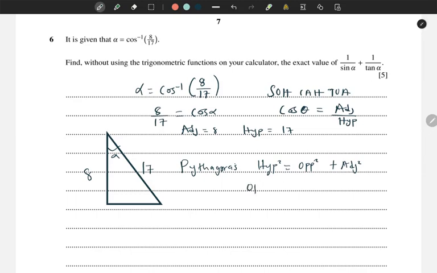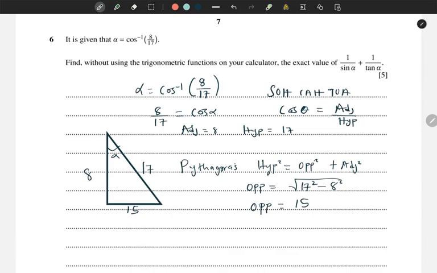So opposite now is going to be the square root of the hypotenuse, which is 17 squared, minus adjacent, which is 8 squared. And from there, when you take that, you have opposite to be 15. So now we have opposite to be 15, adjacent to be 8, and hypotenuse to be 17.